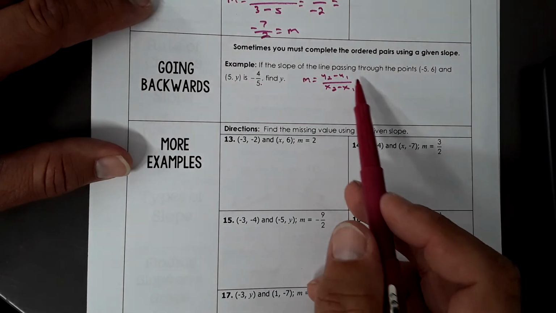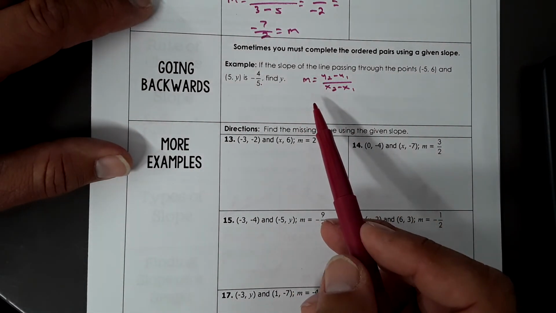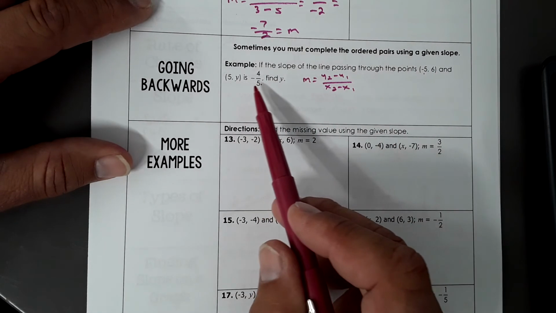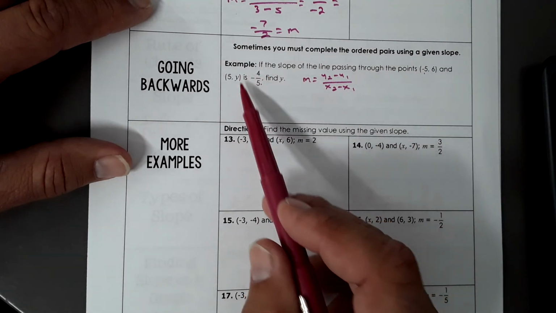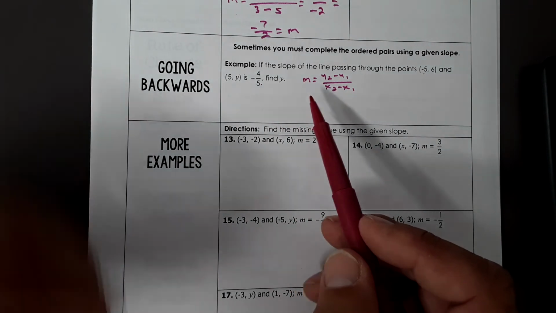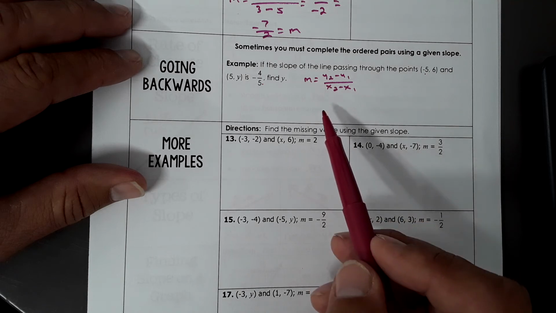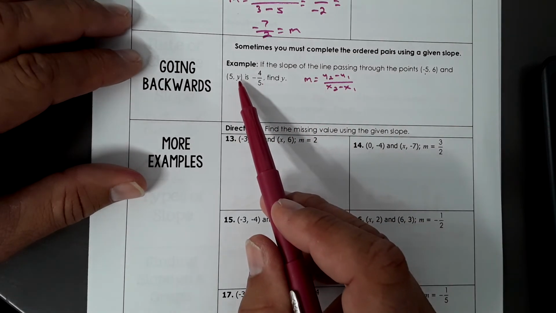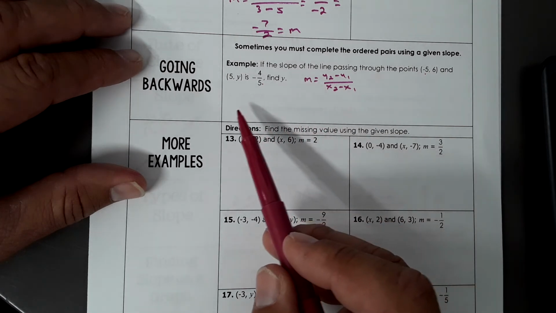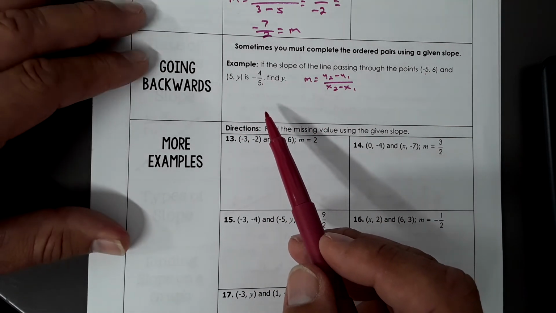We're given an x number, a y number, and another x number, and we're also given the slope. The only thing we're missing is the y2 number. But all of these other numbers I have, so I can fill those in.